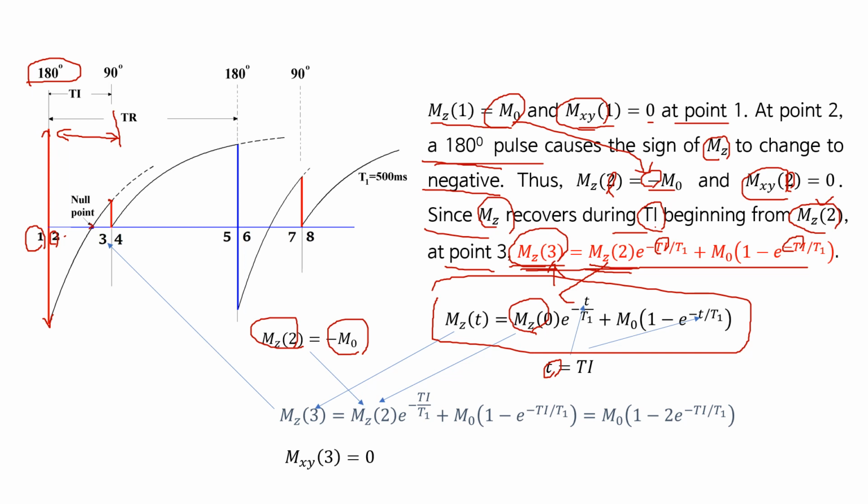We can put this minus M0, and the t becomes TI, and then we have this value. So at point 3, the longitudinal magnetization has this value. Okay, there is no transverse magnetization at point 3.